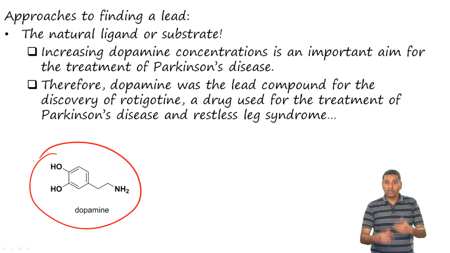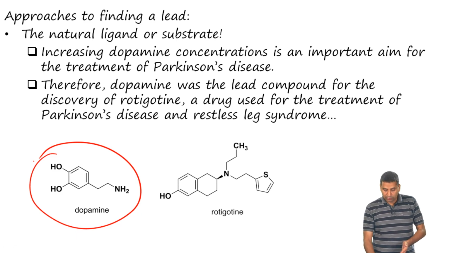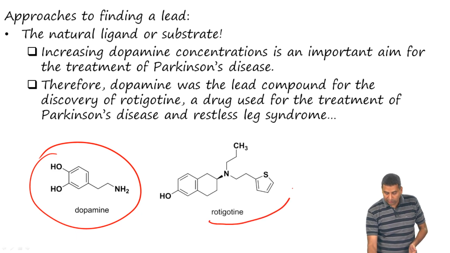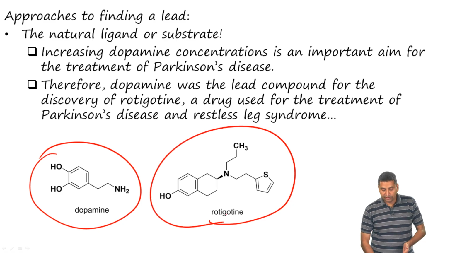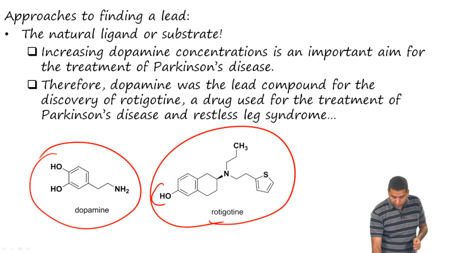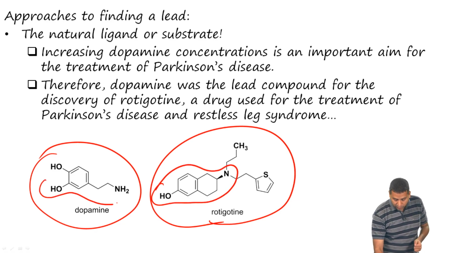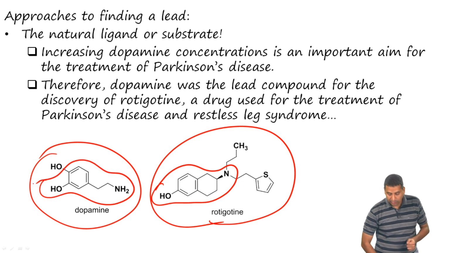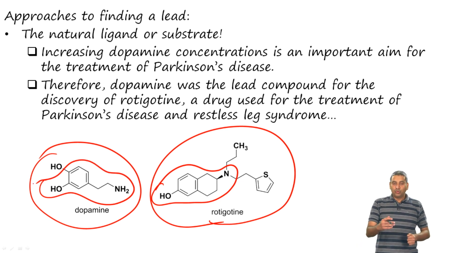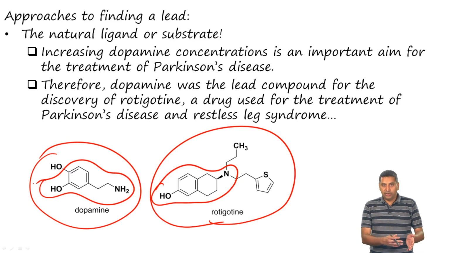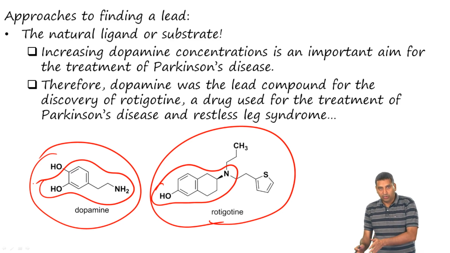Using this, it has been found that this compound, rotigotine, is a very interesting, very important lead. If you notice here, the structure of this compound is quite similar to the structure of the natural ligand, which is dopamine. Therefore, using dopamine as the starting point, one could develop a new lead compound or even a drug.